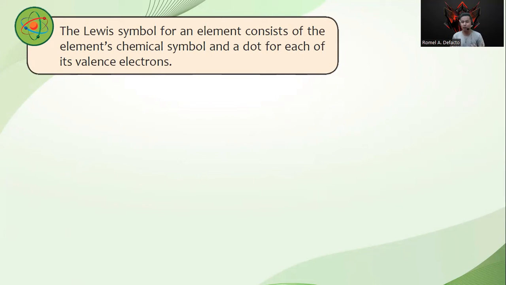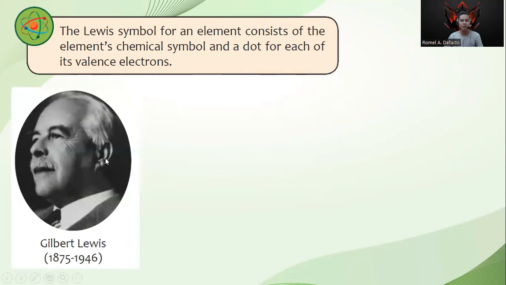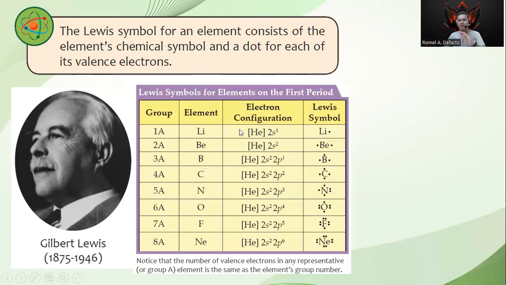Since we're focusing on ionic compounds, it shows the transferring and receiving of electrons. This is Gilbert Lewis, the proponent of this structure, and these are the structures based on our elements.